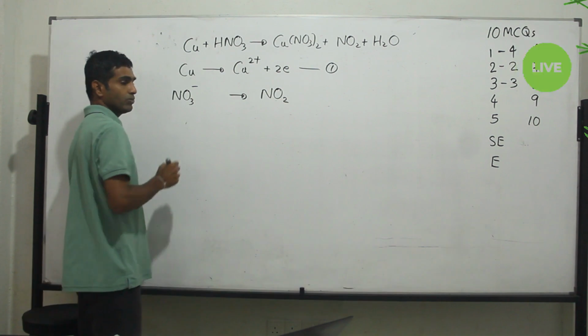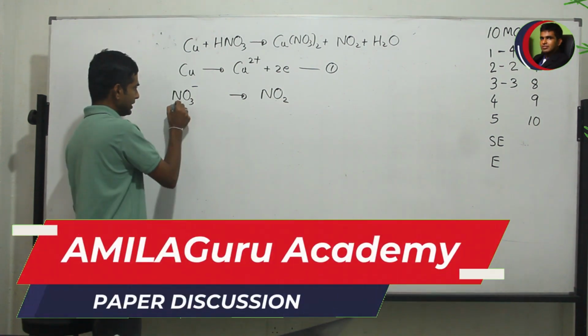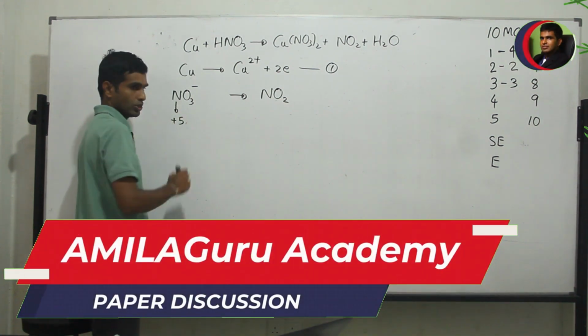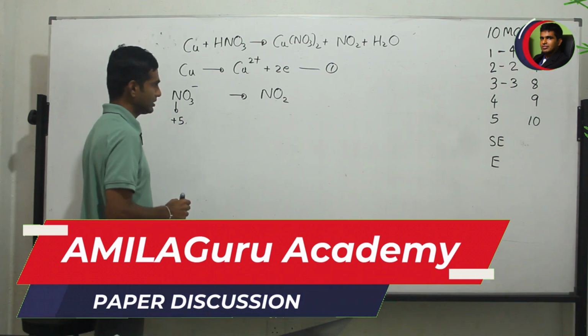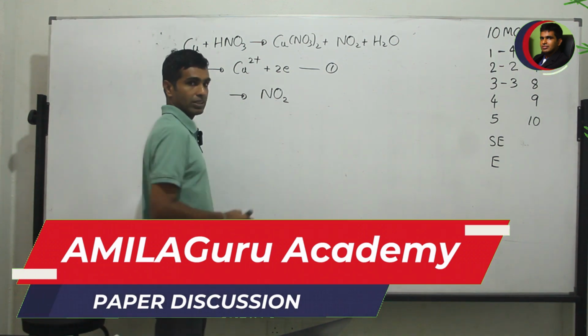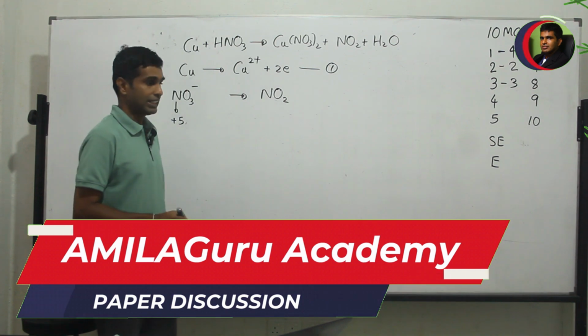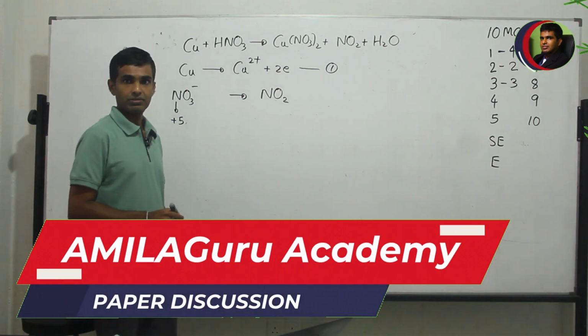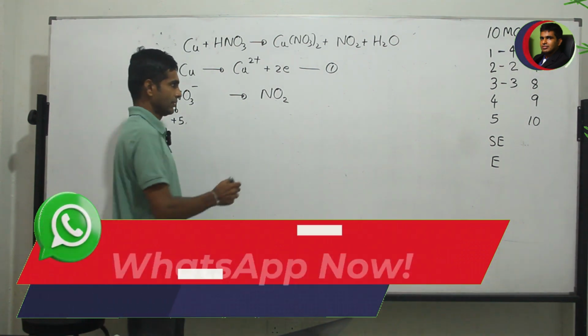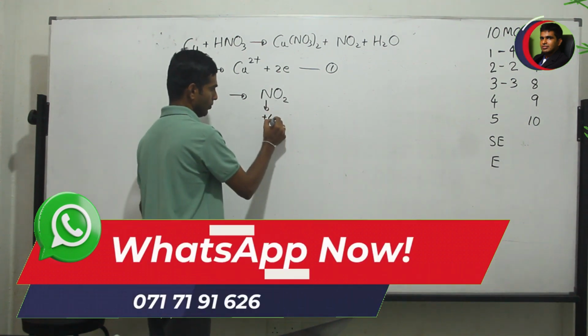The oxidation number of nitrogen atom in the nitrate ion is +5. You should be able to do that calculation. Then what about the oxidation number of nitrogen atom in nitrogen dioxide? It is +4.